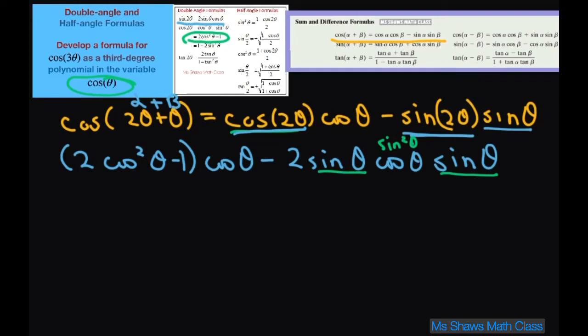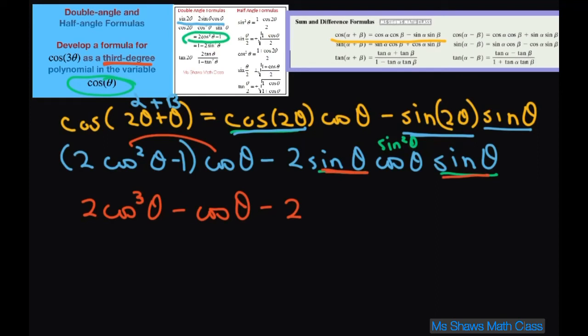So now I'm going to go ahead and distribute this cosine. And that's going to give me 2 cosine cubed of theta. So that's my third degree. And that makes me happy. Minus cosine of theta. And then we have minus 2, and for this sine squared.